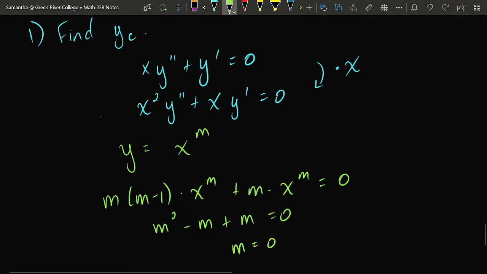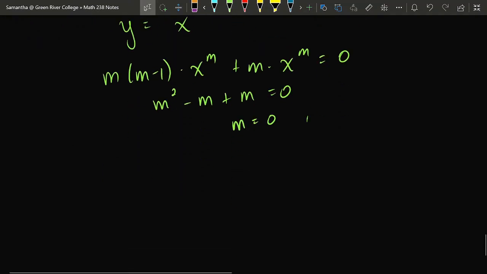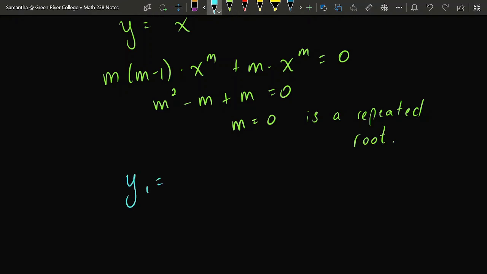So m equals 0 is a repeated root. And that gives us two solutions. y1 is equal to x to the 0 power, which is just 1, and y2 is equal to x to the 0 power multiplied by the natural log of x, which is the same thing as simply natural log of x.